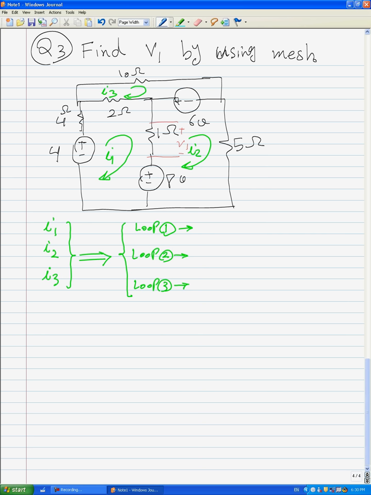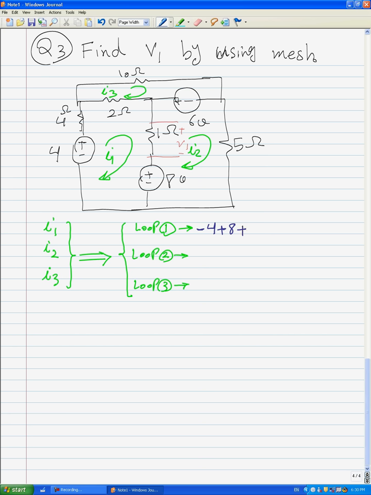For loop 1, be careful, for 4 volts we should put minus. For 8 volts we should put positive. We are applying mesh in loop 1.